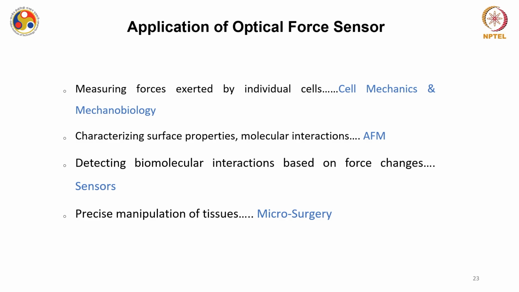We have already seen the AFM, which can help in characterizing the surface contours. They can also be used in sensors or biosensors, particularly by detecting biomolecular interaction based on force changes. They are very popular in microsurgery and other medical applications, because if you have very precise microforce sensors, you can precisely manipulate the tissues.